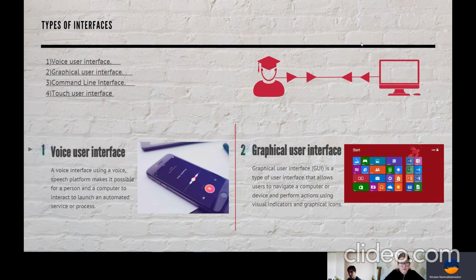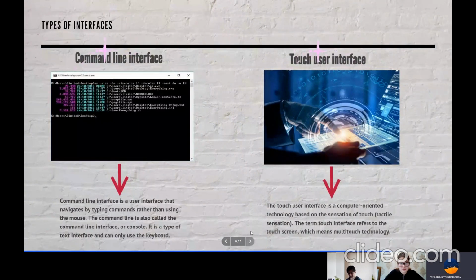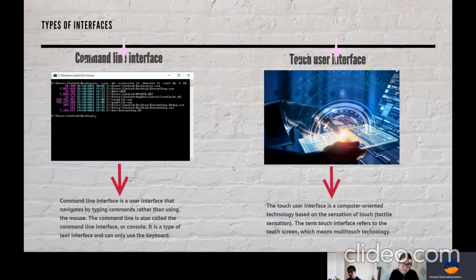The next user interface is the command line interface. The command line interface is the oldest but most reliable interface of all. Using this interface, you can interact with your computer through the command line. For example, a user types a command in the command line language and presses enter.